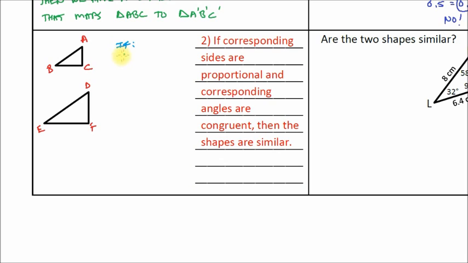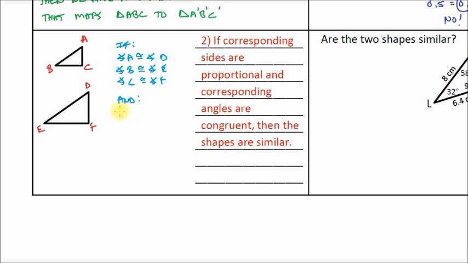So if angle A is congruent to angle D, and angle B is congruent to angle E, and angle C is congruent to angle F, if we know that we have corresponding angles are congruent, we also have to verify that corresponding sides are proportional.